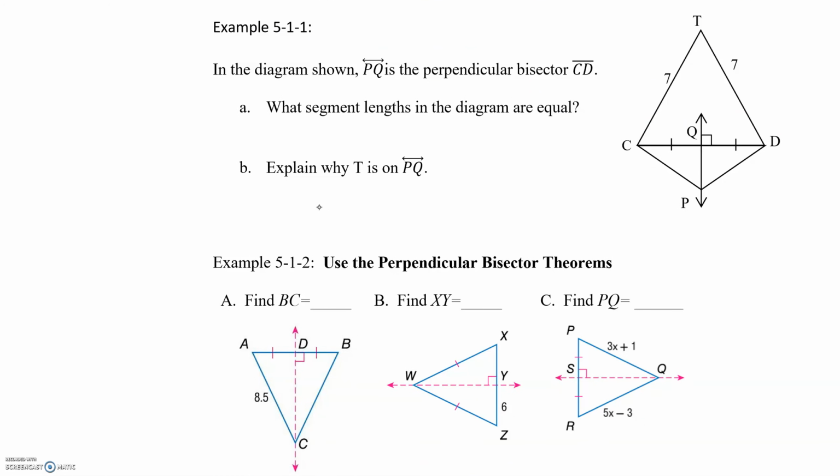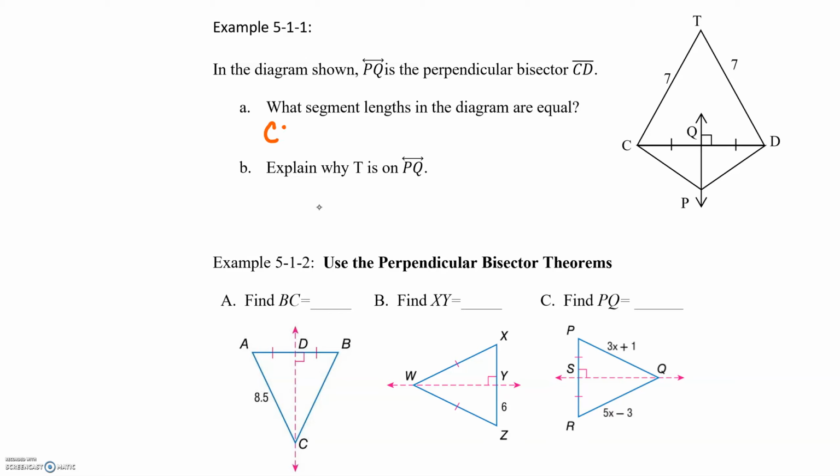So let's just talk about perpendicular bisector and what that does to these triangles. And then we're going to look at it within a couple of different triangles. So the segment lengths in the diagram here that are equal would definitely be the ones that we can see here with tick marks.